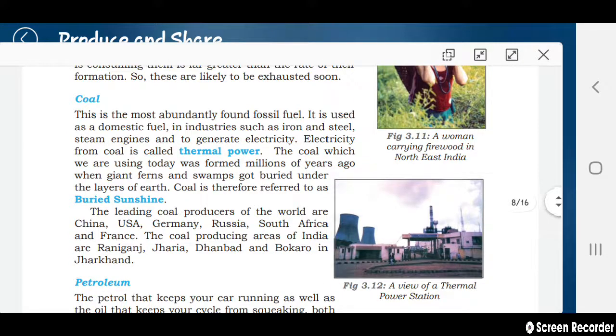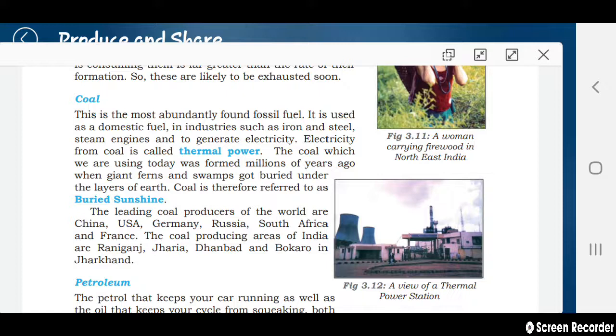The coal which we are using today was formed millions of years ago, when giant ferns and swamps got buried under the layers of the earth. Coal is therefore referred to as buried sunshine.